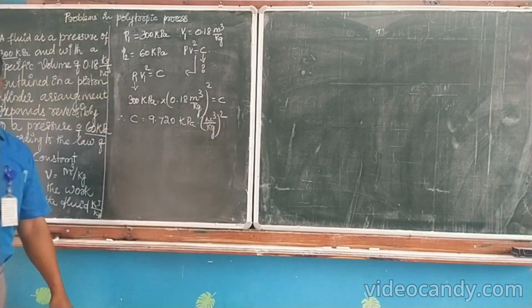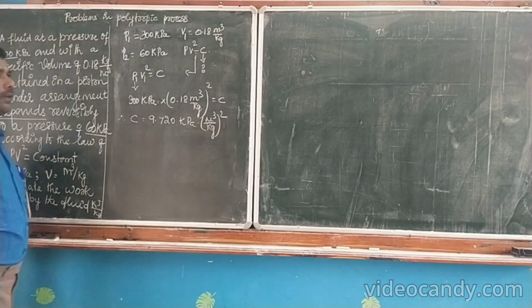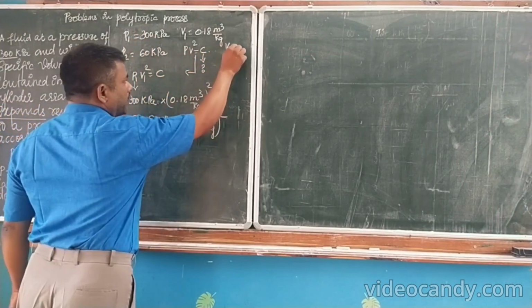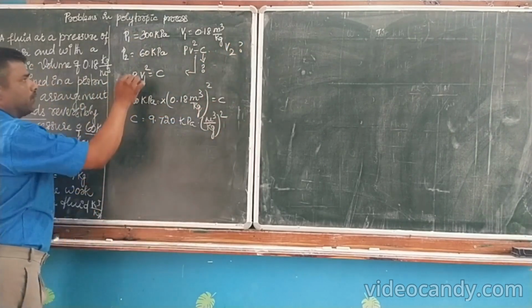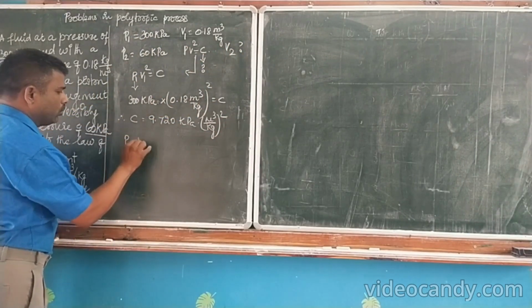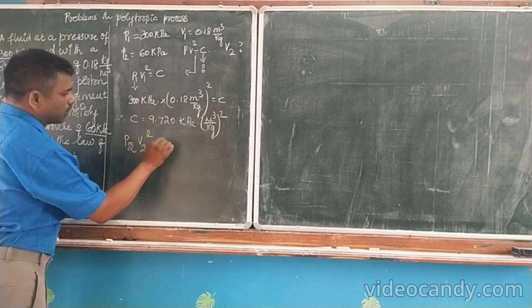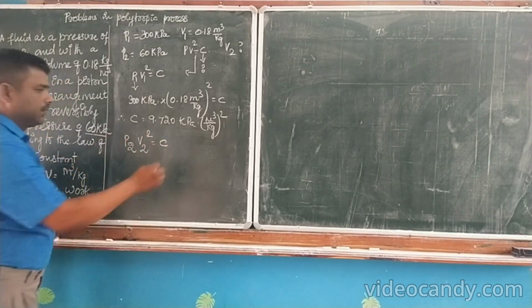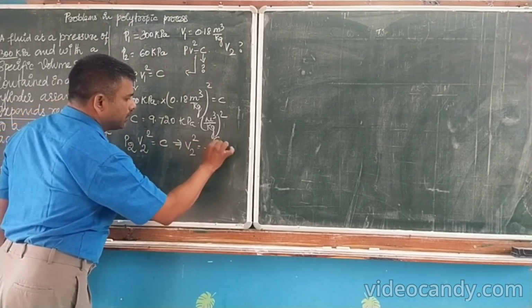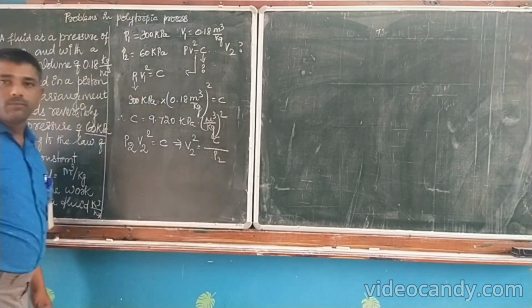Using this constant value, it is possible to find out the value of V2, the final volume. From this equation I can write P2 V2 square is equal to constant. This gives V2 square is equal to C divided by P2.